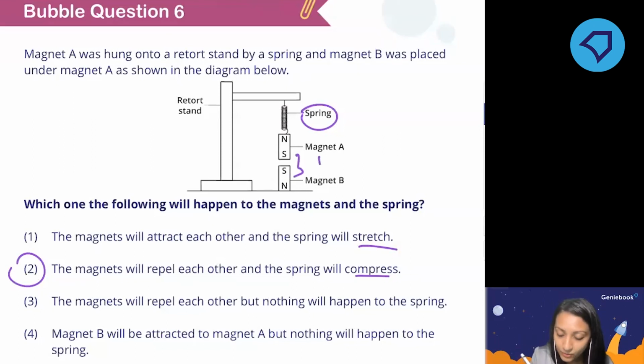Like poles. Very good. For those who are able to tell me they have like poles, and therefore like poles will have magnetic forces of repulsion. Okay, repulsion. So that's why it repels each other, and the spring will actually move up. Because it's repelling, right? It's moving away, so the spring will compress.